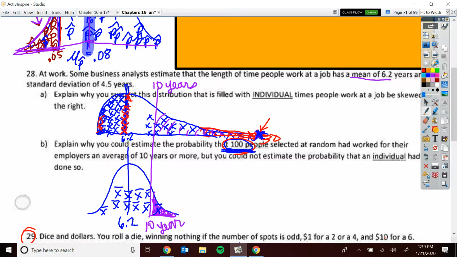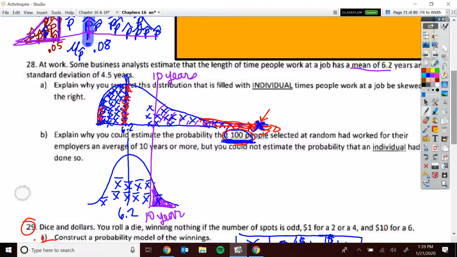Okay. Second, look here at this second shape on part B. What would happen if I take samples of size 100? What should samples of size 100 stimulate in your brain? Ooh, that's large enough. So an average of 100 follows this unimodal symmetric normal model.